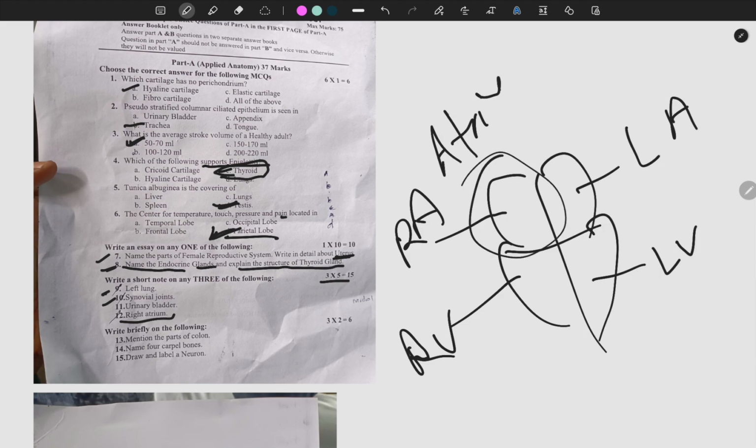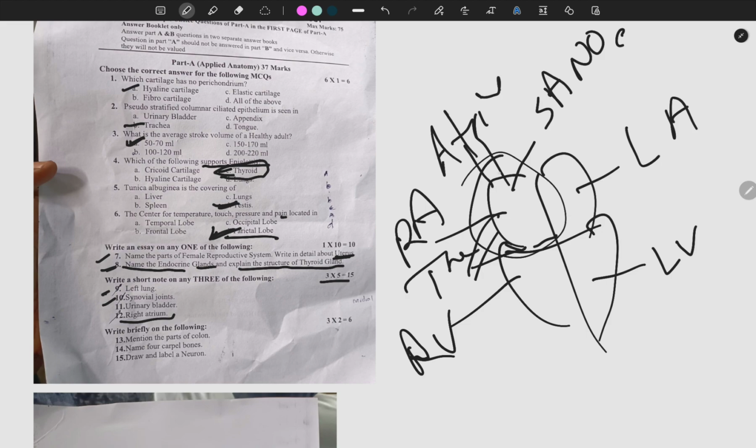So why did they ask only the right atrium? Because in the right atrium only we have the sinoatrial node. Okay, sinoatrial node, and the connections of the right atrium are the superior vena cava and the inferior vena cava, and the valve which is present between the right atrium and right ventricle, that is the tricuspid valve.